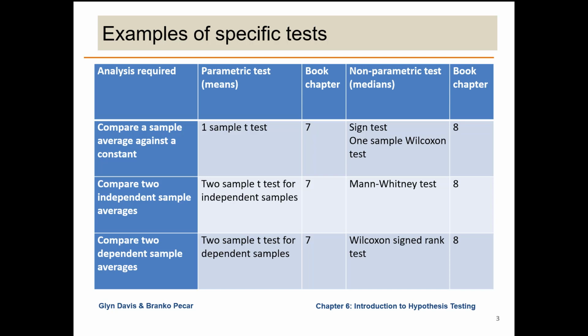Then you use a t-test or an ANOVA test or a z-test, etc. Now, if you know that your variables are not normally distributed, or you don't know, then you use a non-parametric test, such as the sign test, the Mann-Whitney test, etc.